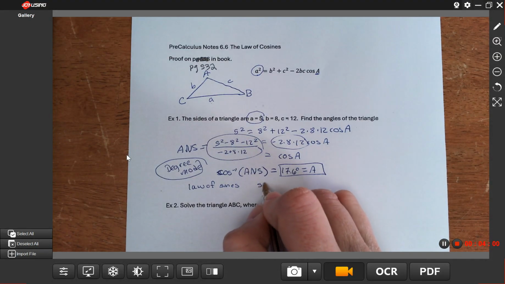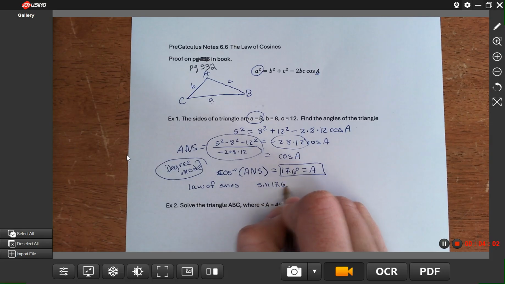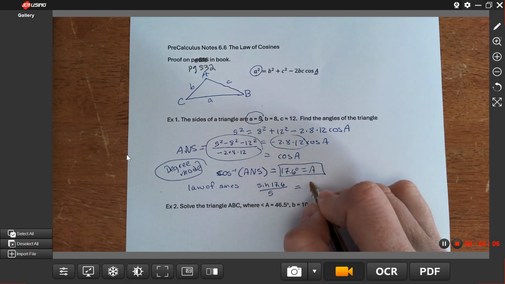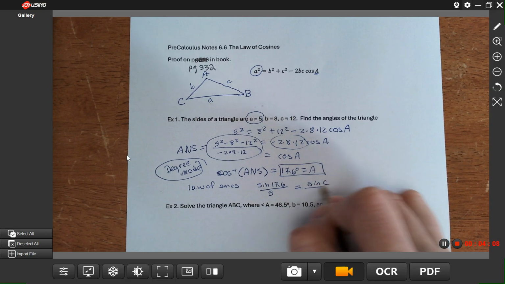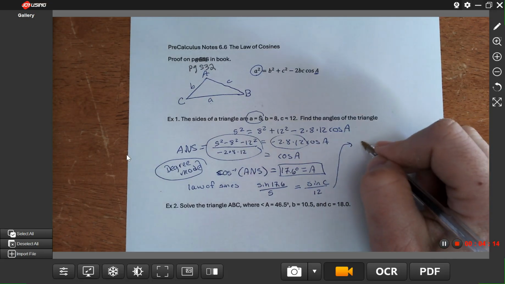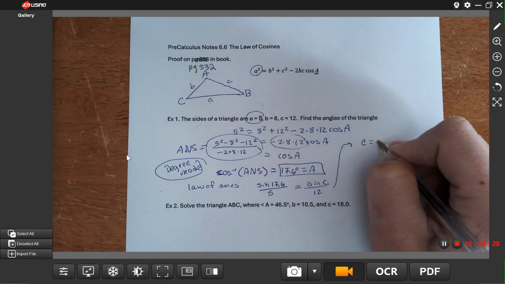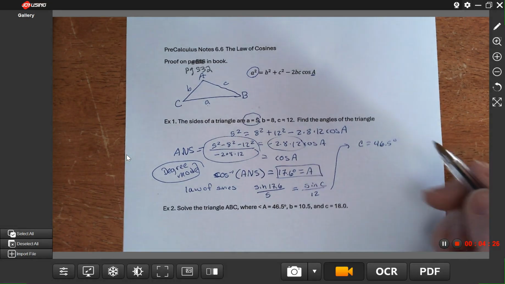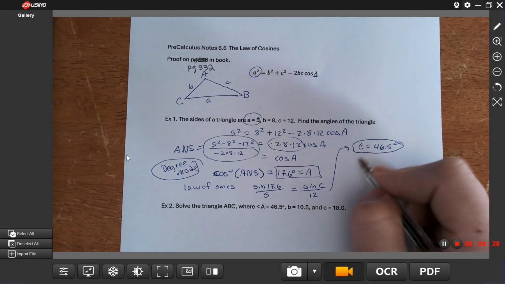So if I set up sine of angle A divided by side a, equals sine of angle C, since I'm randomly deciding I'm finding angle C next, divided by 12. We've done these before, so I'm going to assume that you can do that pretty easily. So a couple of steps, solve, and you find that angle C is 46.5 degrees.